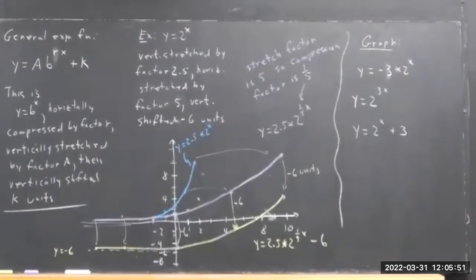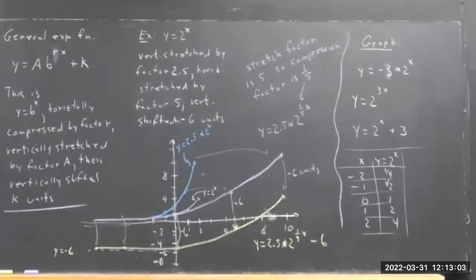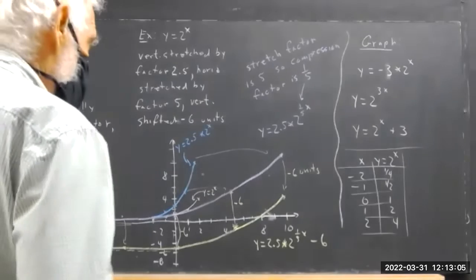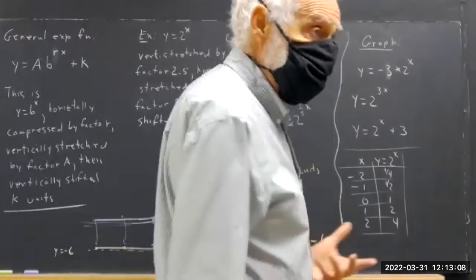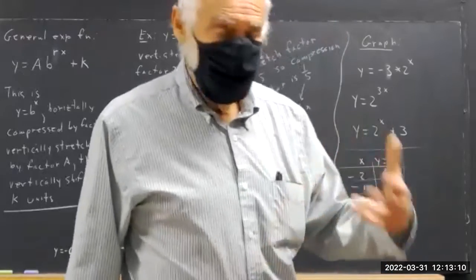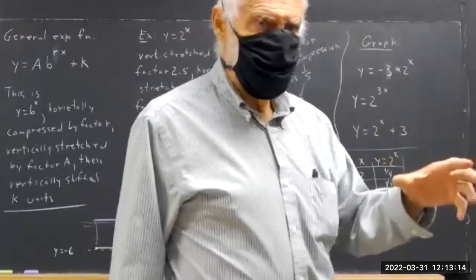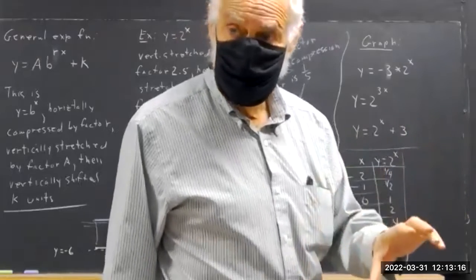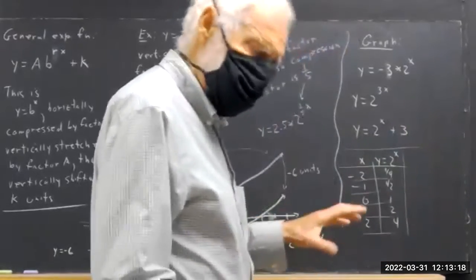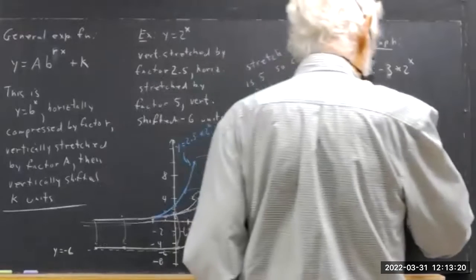Okay, 3 exponential functions. How do we graph them? Now, a lot of people want to make tables and graph from tables. What we're trying to do is see how the transformations work. And if you're going to make a table, that's okay for right now.